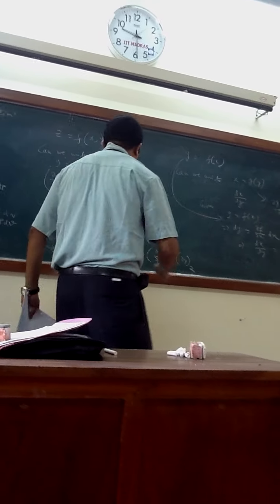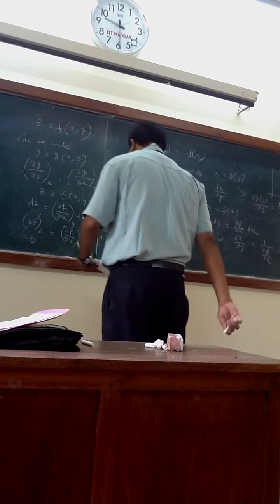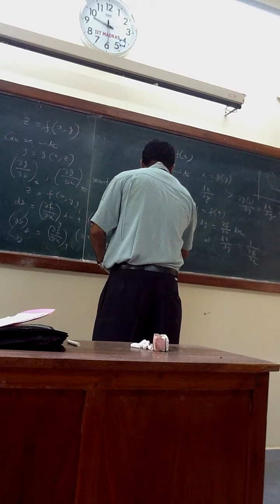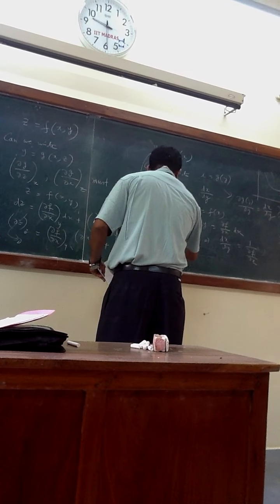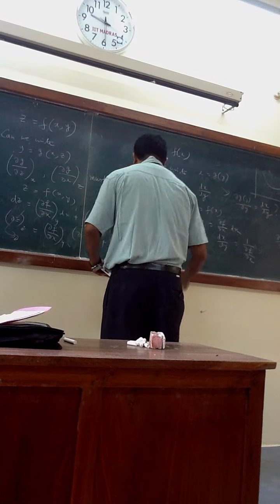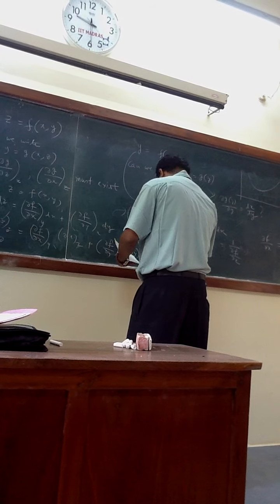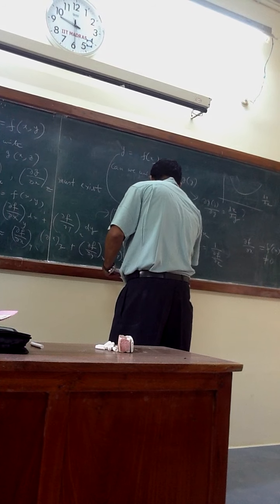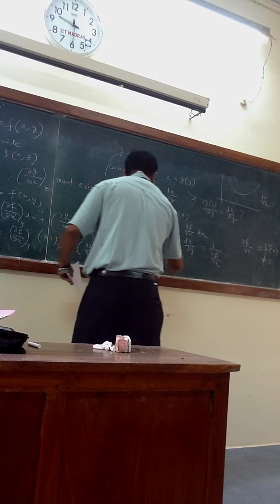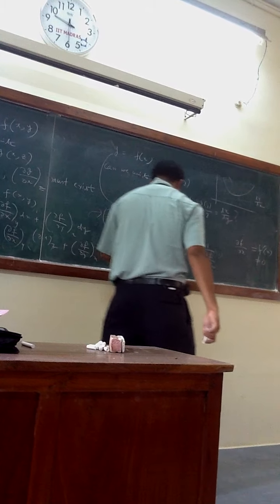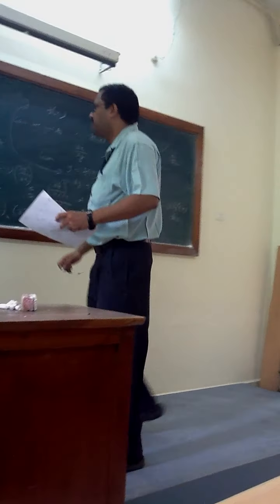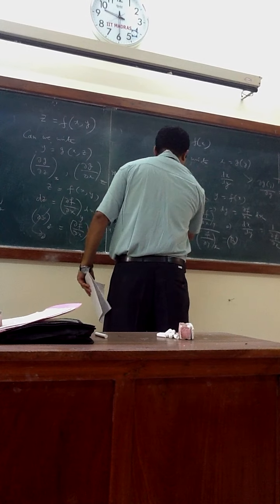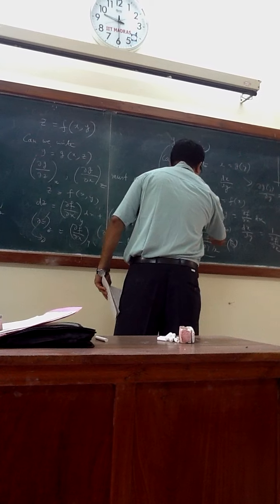So from here we get an interesting formula: (∂y/∂x)_z equals minus (∂f/∂x) at fixed y divided by (∂f/∂y) at fixed x. Very important formula.